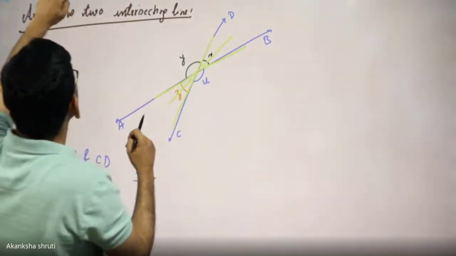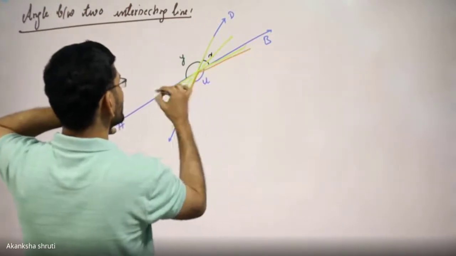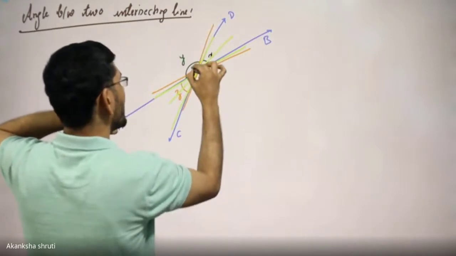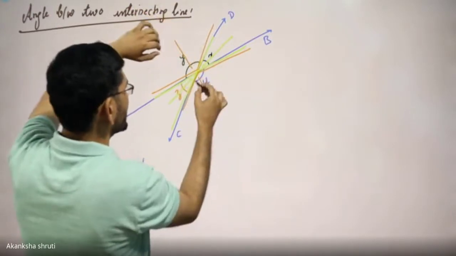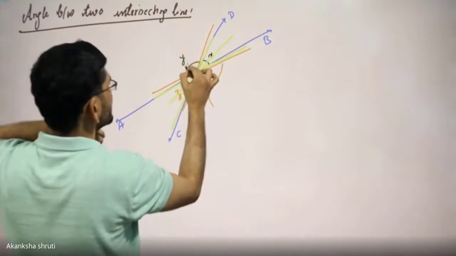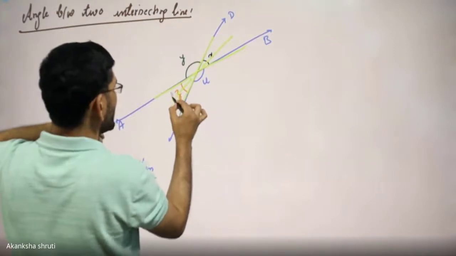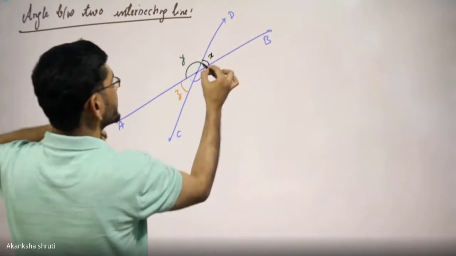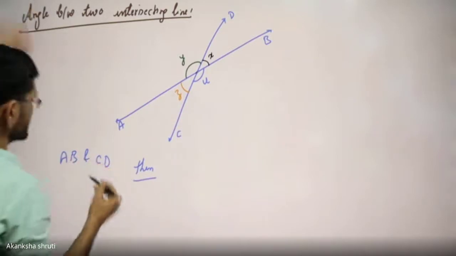Students, one may consider even this way, this and this one. Again, for this, we have this angle and this angle as opposite to this vertex. So such a pair is called a vertically opposite pair or vertically opposite angles. So be careful.